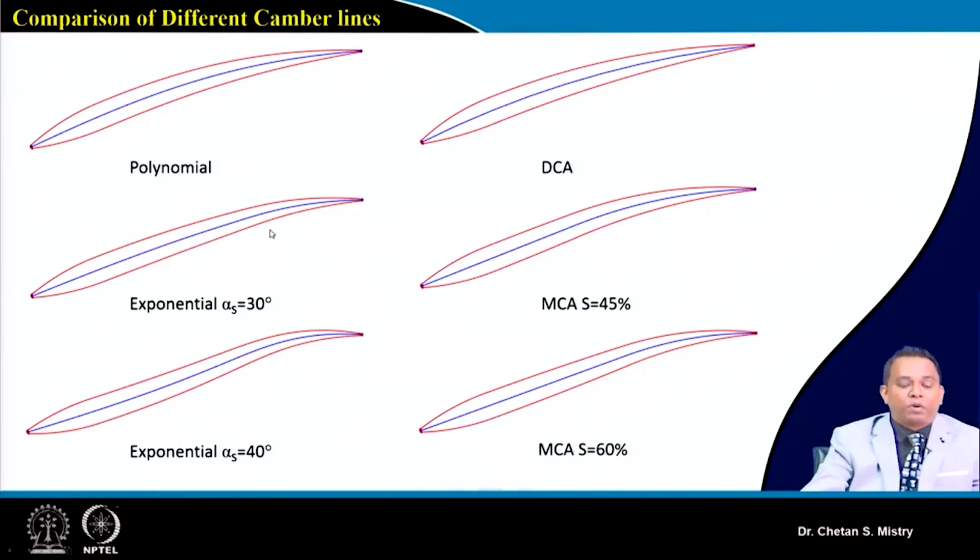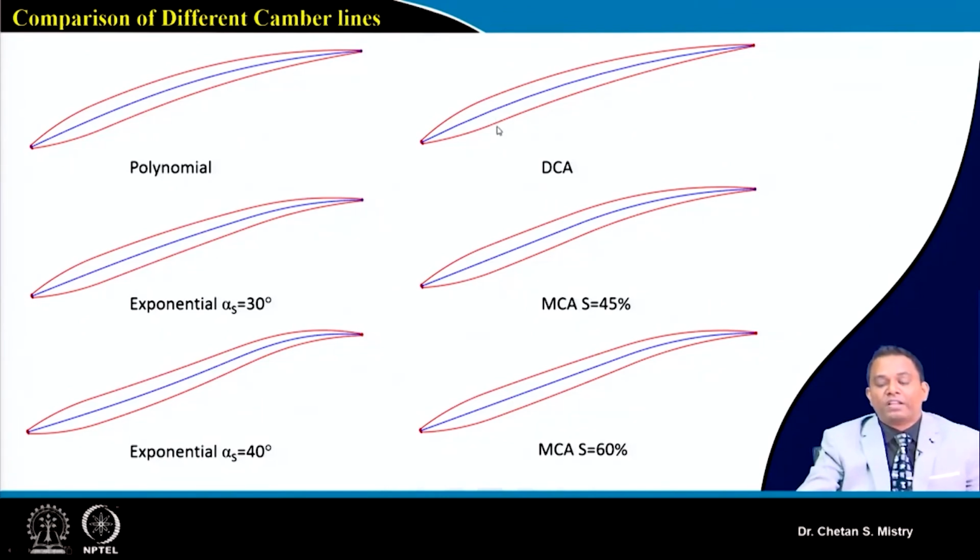This is at 70% location, the inflection point is placed at 70%, and my alpha s, that is the angle, we are putting 30 degree. Suppose we put that as 40 degree, you can see the variation of the shape of this aerofoil. You can clearly see the difference between these two.